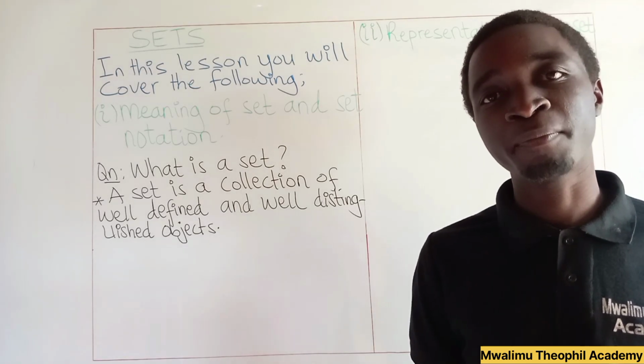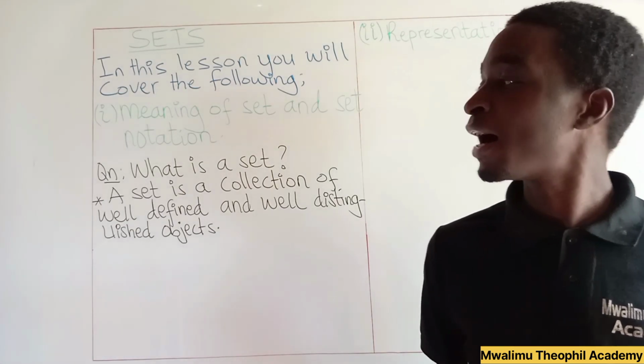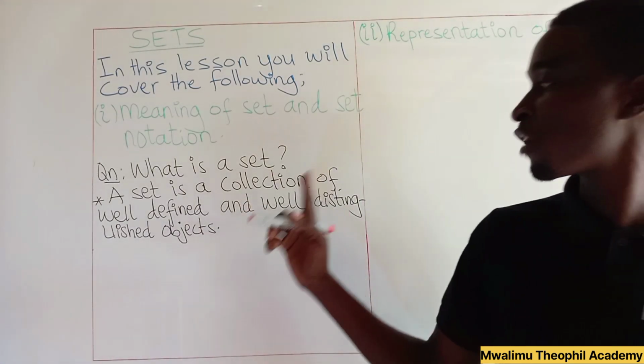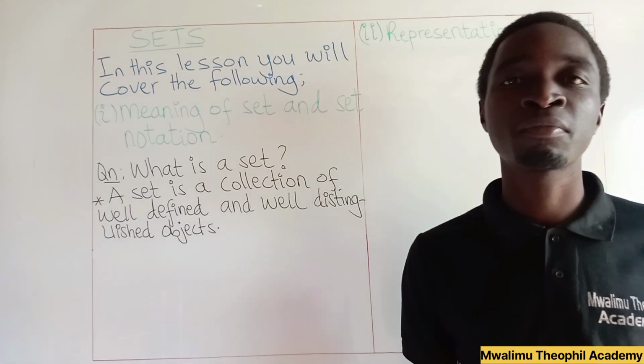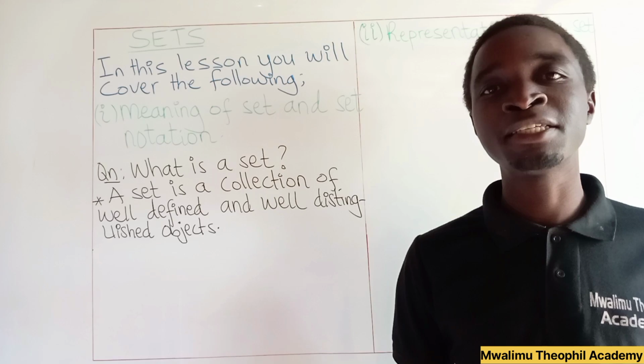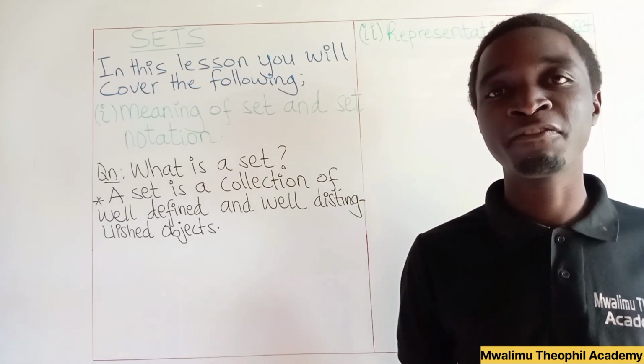Let us start with the meaning. What is a set? We define that a set is a collection of well-defined and well-distinguished objects. We have various examples of sets in our everyday life.